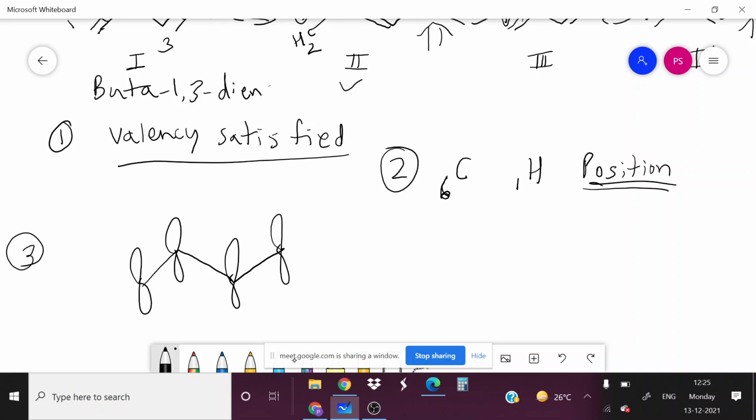So electrons taking part in resonance should lie in a single plane. Okay, they should be coplanar.